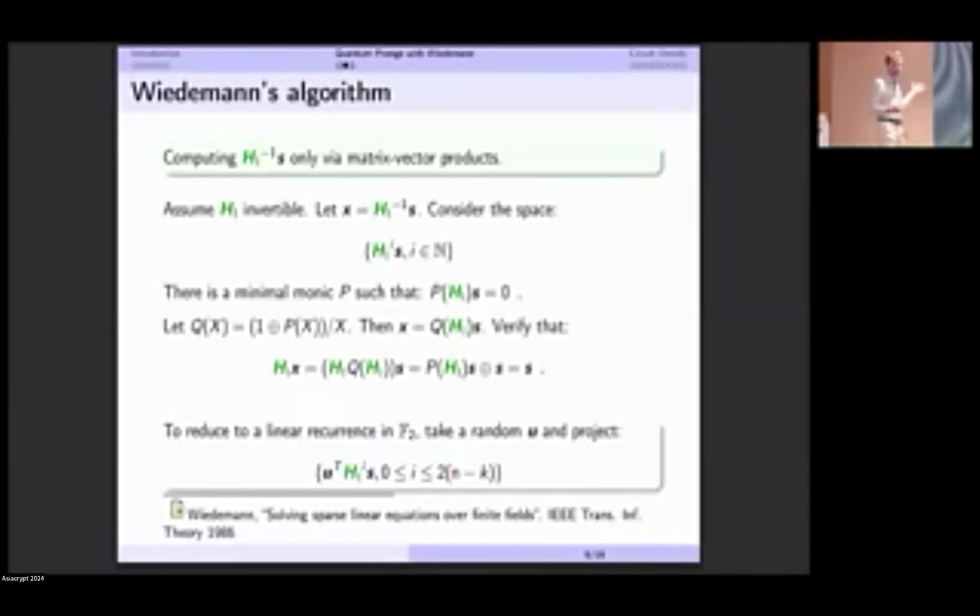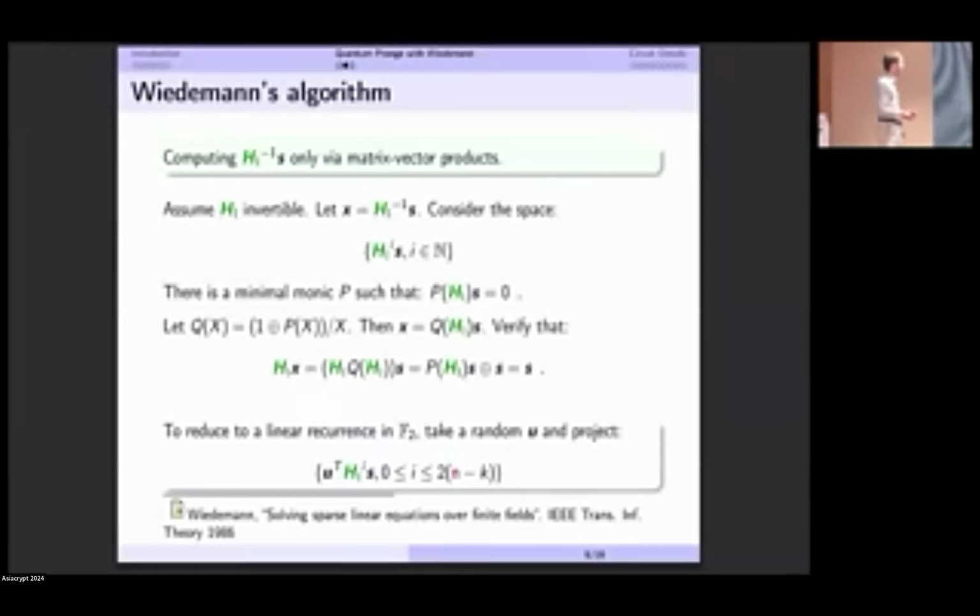Assume first that the matrix is invertible. This happens with constant probability. You consider the space spanned by all the iterations, the powers of this matrix Hi applied to S. And you know that there is a minimal polynomial. So there is a minimal P such that this cancels, so P of Hi times S equals 0.